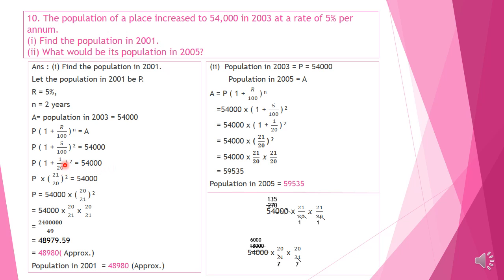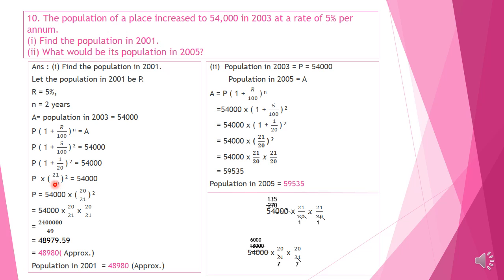And 1 plus 1 by 20 is 1, and 1 by 20 we can change into improper fraction as 21 by 20. So P into 21 by 20 whole square equal to 54,000. And therefore P is equal to 54,000 into 20 by 21 square. Here we have multiplication of P with 21 by 20 square.